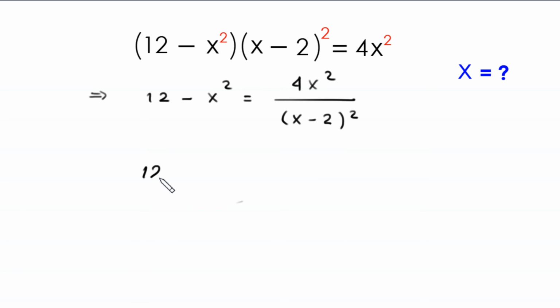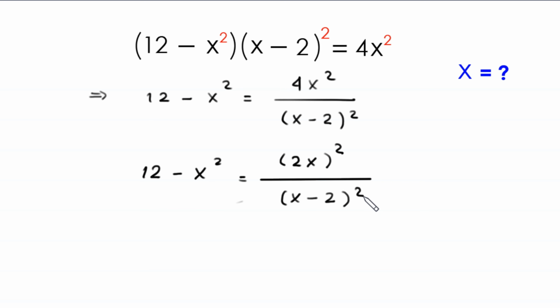Next, 12 - x squared is equal to, this 4x² can be written as (2x)² divided by (x - 2)². Next, (12 - x)² equal to, this expression can be written as (2x divided by (x - 2))².